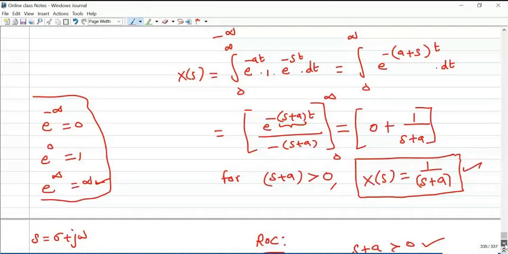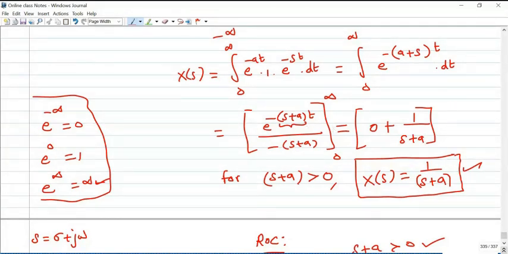Do the integration. While substituting your limits, just check if this s plus a is a negative value, then minus into minus plus, t equal to infinite, e power infinite, infinite.